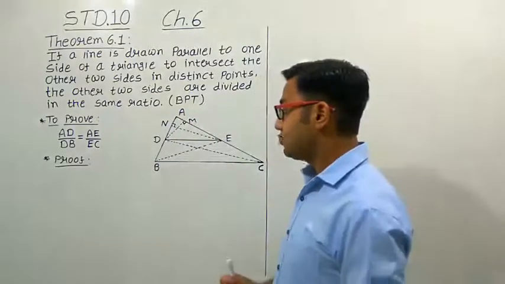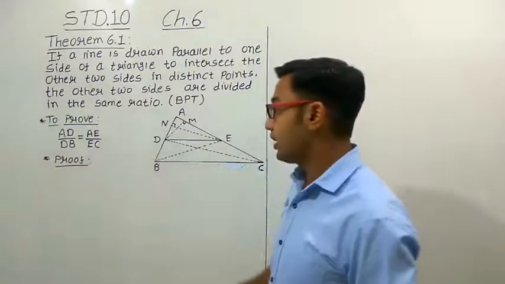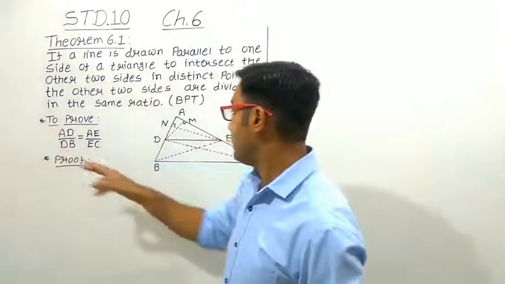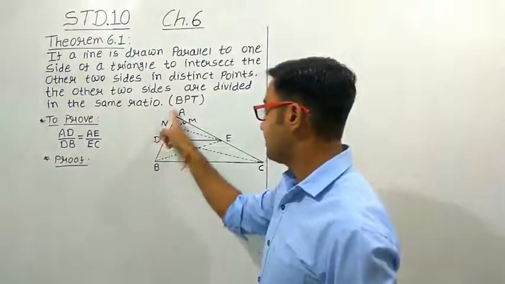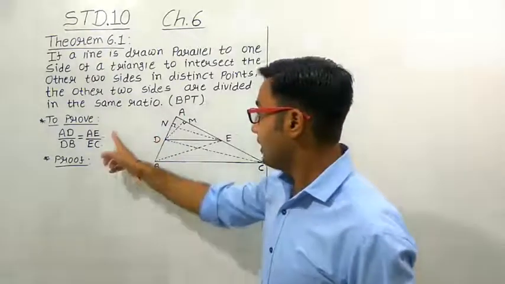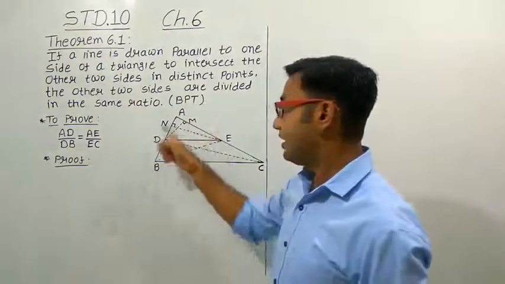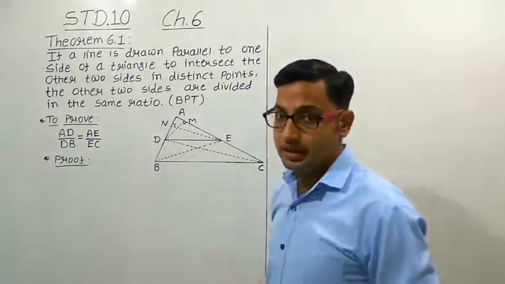Okay, so let us now start proving this ratio. Here we require AD upon DB. That means we first of all require this side, which we can consider in triangle ADE. AE is also considered in this triangle ADE. So first of all we have to start from triangle ADE.